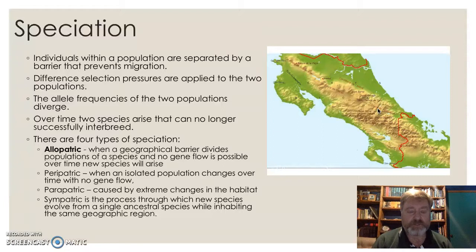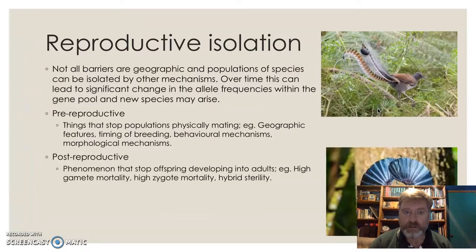And sympatric is a process through which new species evolve from a single ancestral species. So you've got one ancestor, and for whatever reason, again, it could be a bit like peripatric, the habitat starts to change, or they've moved into a new area, and certain individuals are favoured. But the only one you need to worry about for the exam is this idea of allopatric speciation.